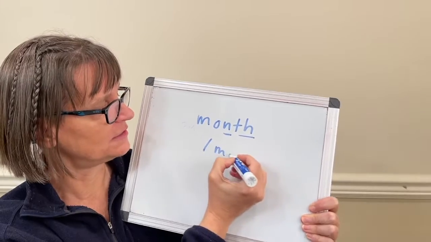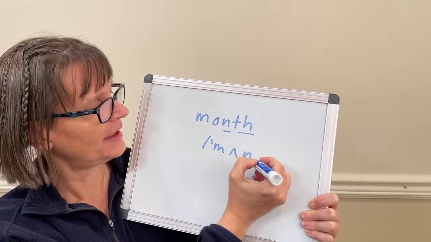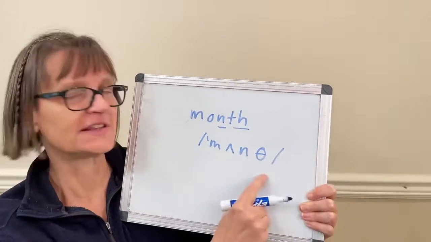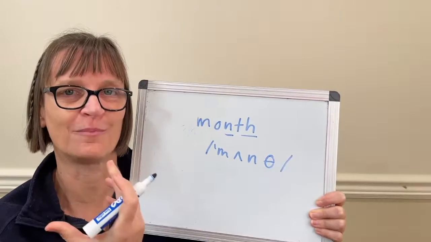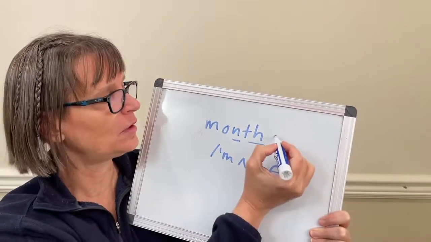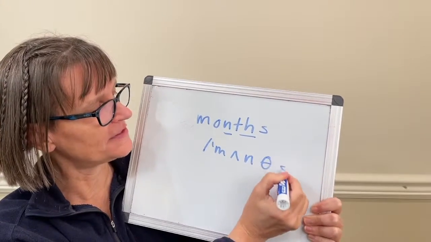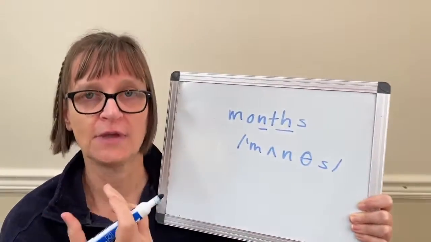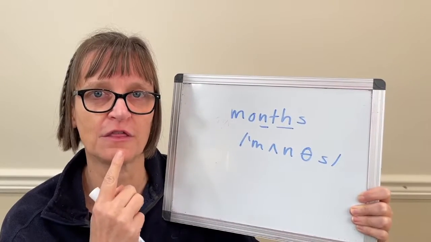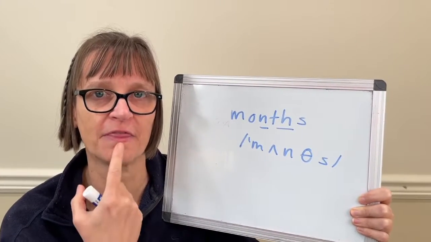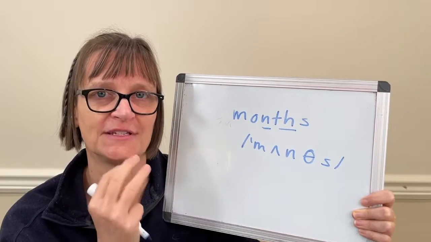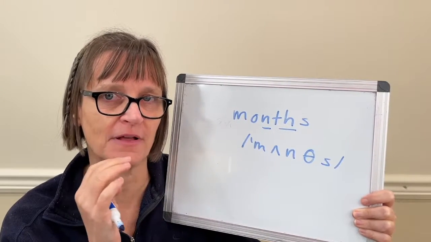Letter O says stressed schwa, and we can't leave any sounds out in month or we won't recognize the word. But when we add the s sound to make months, you can say it with n, th, and s, months, in which case the th gets a little bit stopped, months.